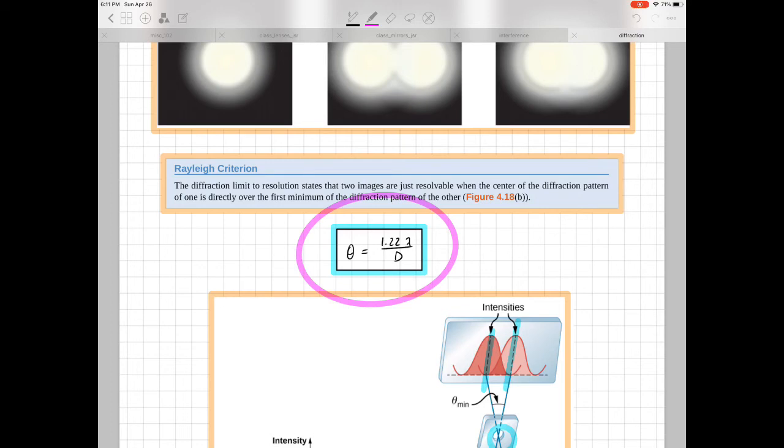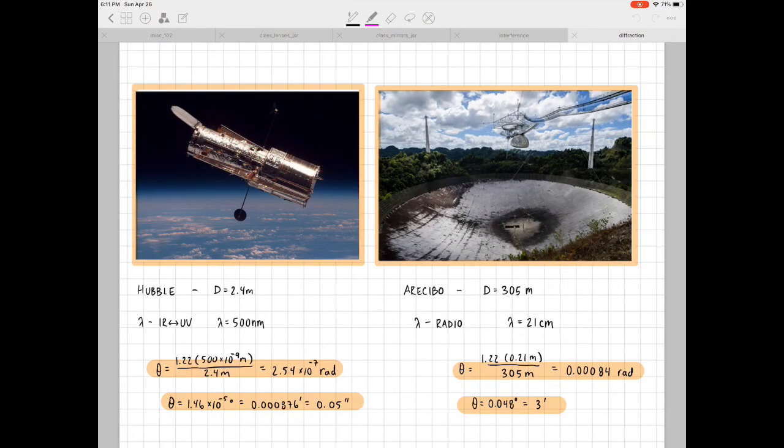And on the last page, I have a nice comparison discussing the angular resolution, or the diffraction-limited resolution, of two different telescopes. On the left, we've got the Hubble Space Telescope. The Hubble Space Telescope is a 2.4 meter telescope.